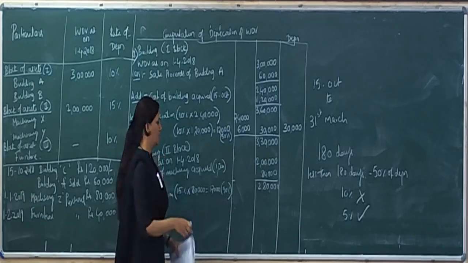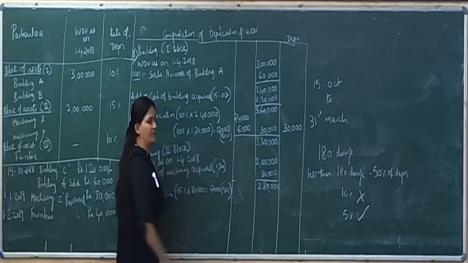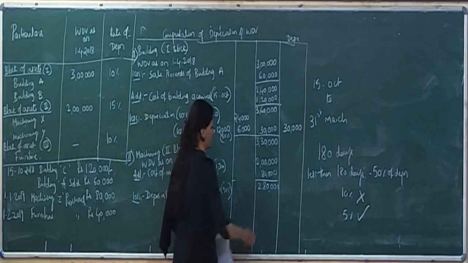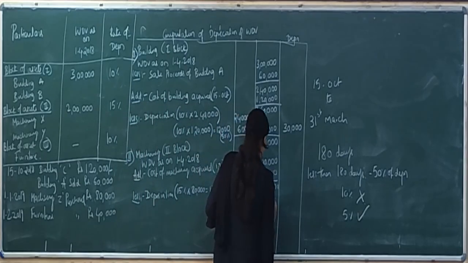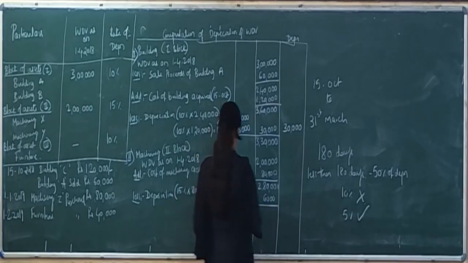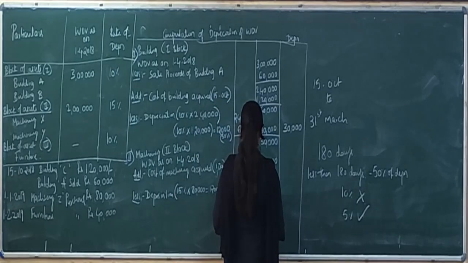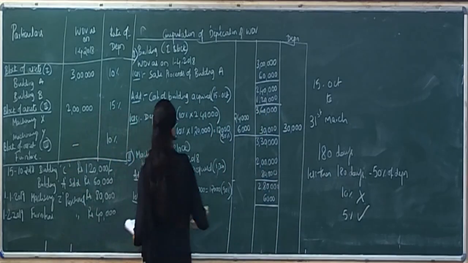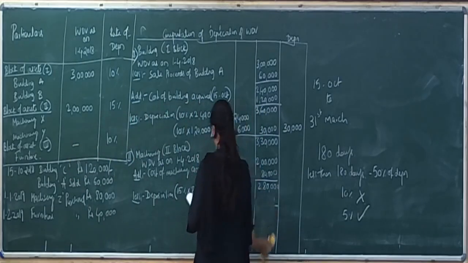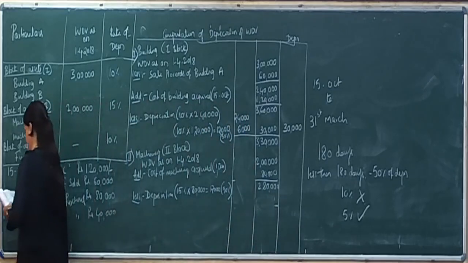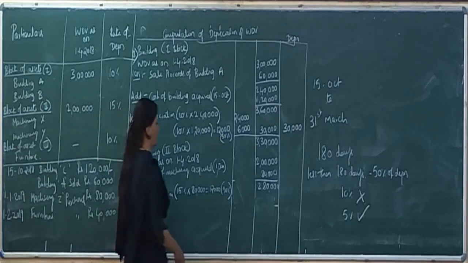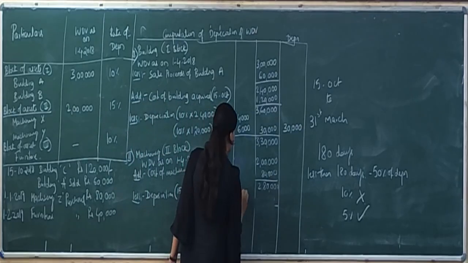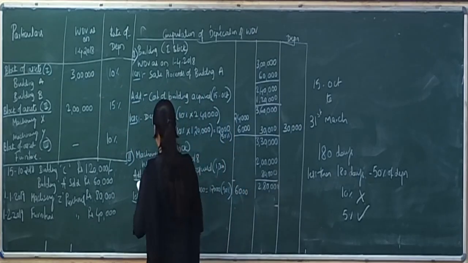Why? Because it is used for less than 180 days. So here 50% of 12,000 comes to 6,000. Okay, so on this it comes to 6,000.